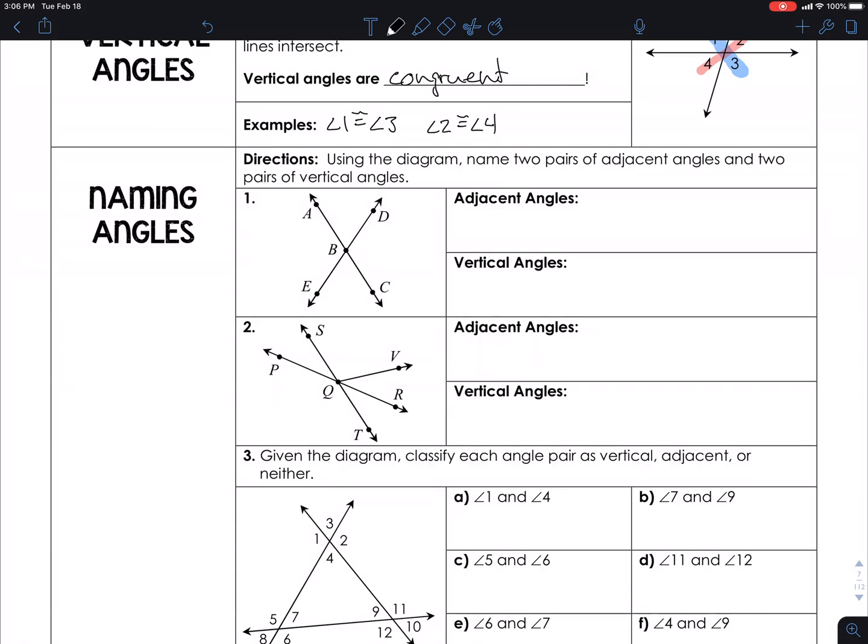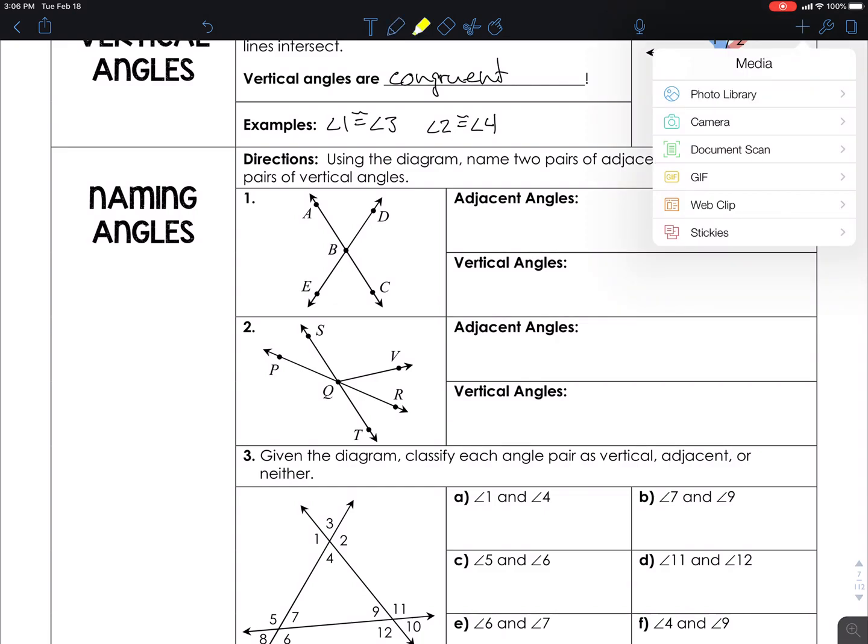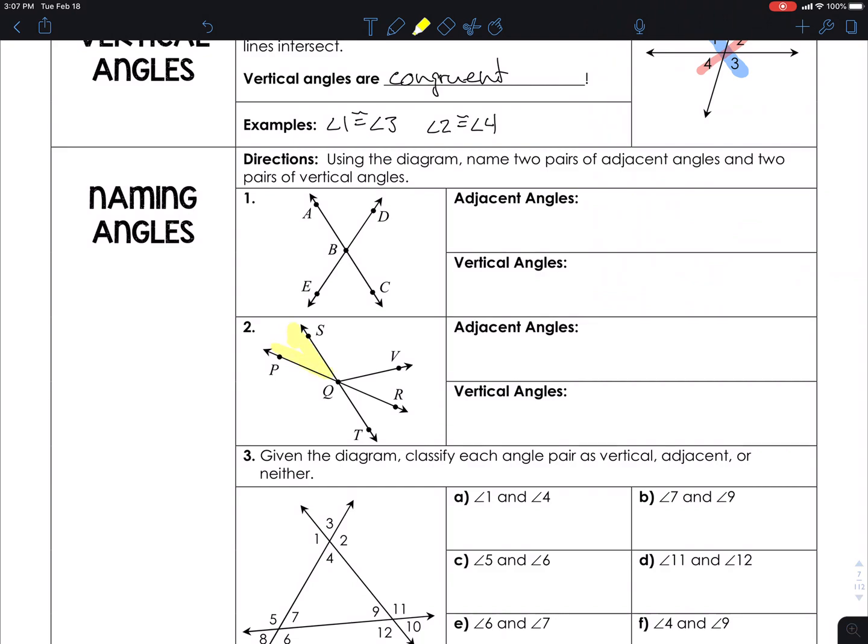Luckily, there's only two lines that cross. Let's do the vertical angles on number 2 first. There's only two lines that actually cross: that one and that one. This one right here doesn't cross because it doesn't go all the way through that point Q. So I've only got those two lines that cross. So vertical angles are going to be the ones on the opposite sides of that. This one and that one, those are across from each other.